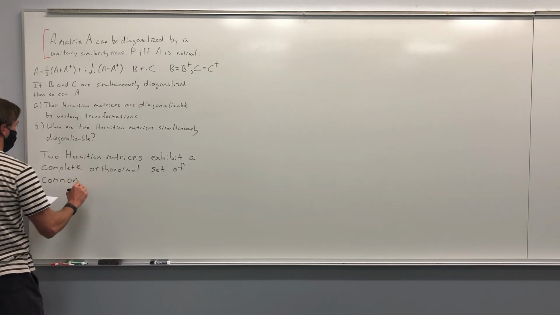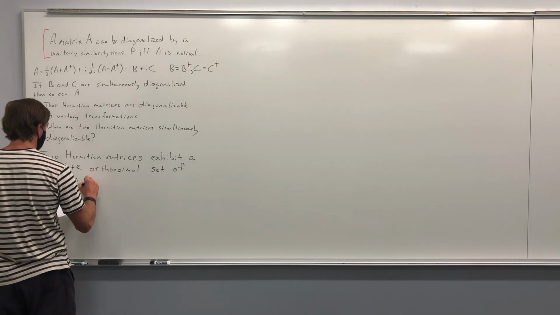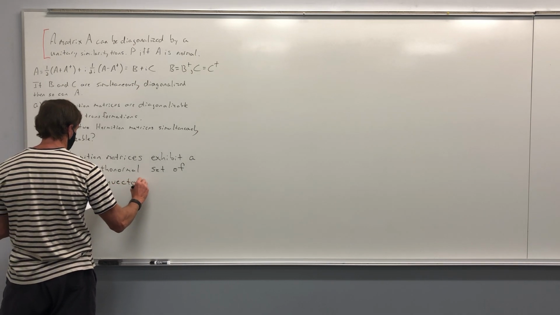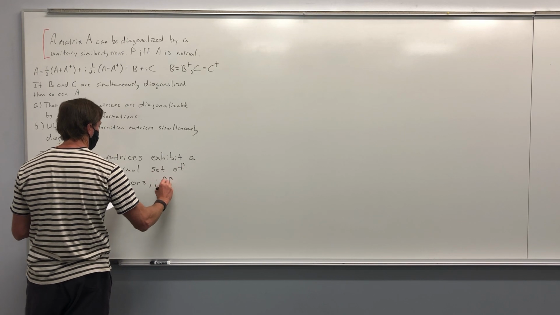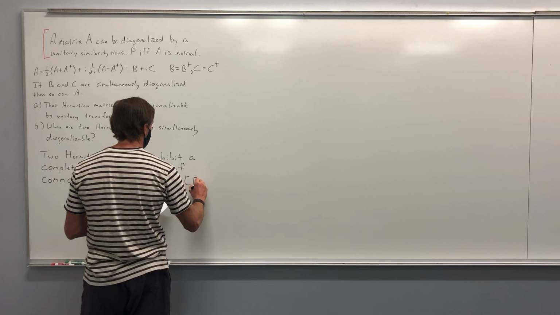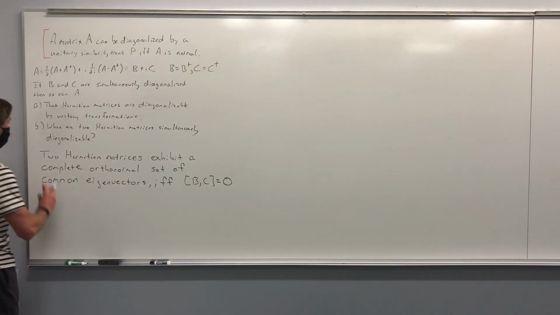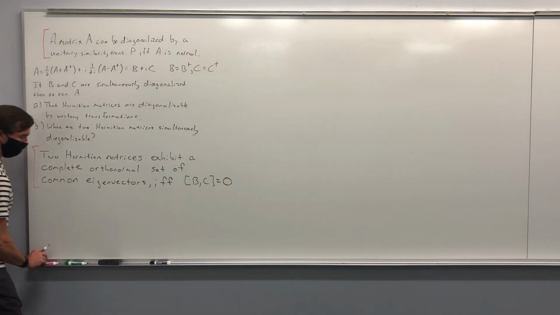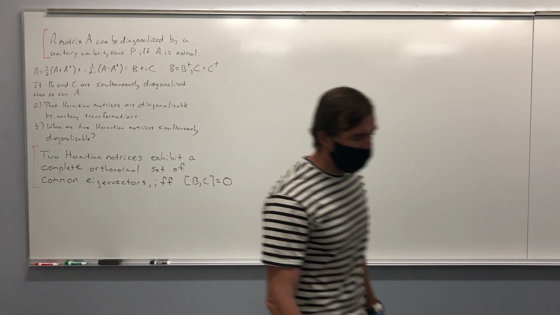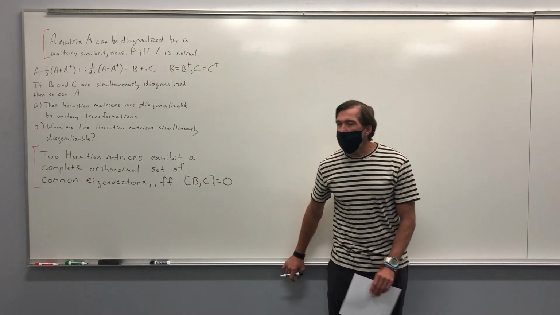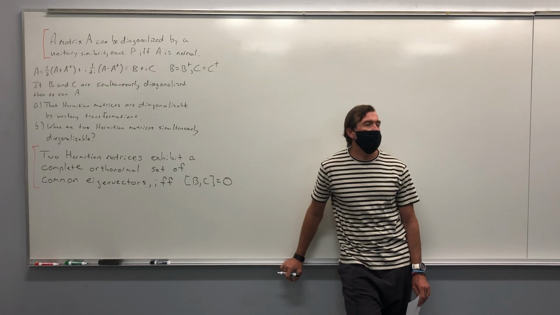That is, these are eigenvectors of both of them, if the two matrices commute. Okay? Now, I'm not going to prove that. That should be obvious.